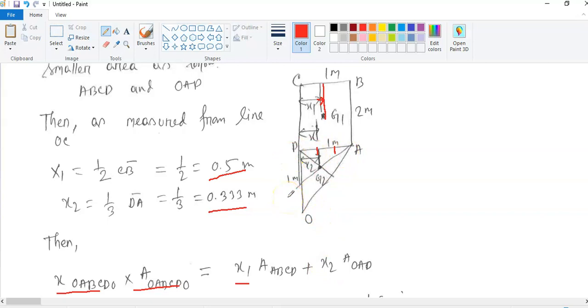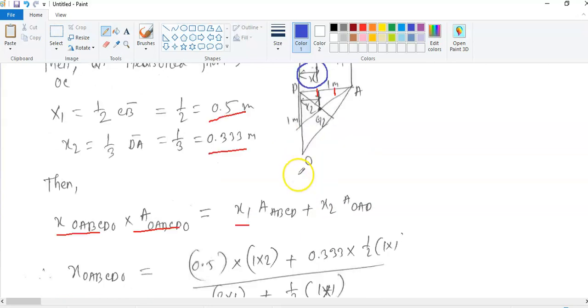I'm telling again, our ultimate target is to calculate this x. So x, this distance, into the area of this whole domain, is equal to the distance x1 into this area plus this distance x2 into this area OAD.